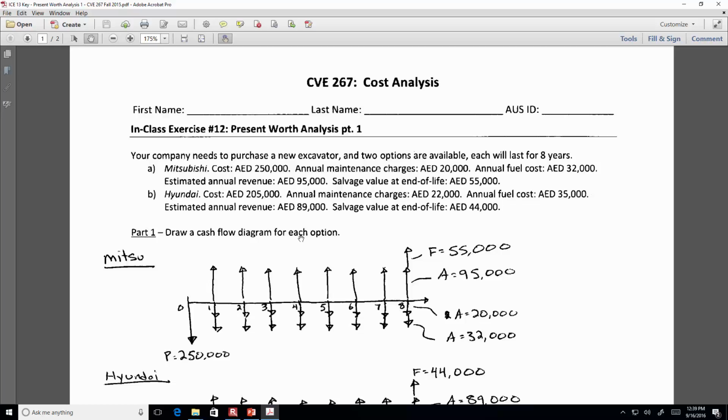Now, a thing that I'm going to repeat over and over through the semester is this is projecting into the future. You know, here you are at the present, and you're assuming that you know 8 years from now how much you're going to be able to sell a piece of equipment for. I mean, that is wild speculation, but you really have no other alternative. You sort of have to pick an estimate or a range of estimates and do your analysis based on the best available data.